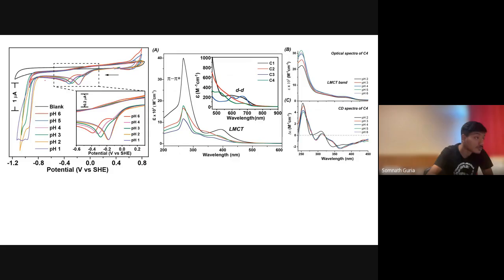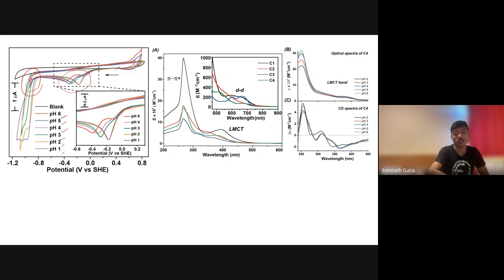More interestingly, whenever we change the pH, they get different electrochemical behavior. Starting from pH 6 to pH 5 and pH 4, they don't get any catalytic activity, but the rest remains similar. When it goes down from pH 4 to pH 3 to pH 1, they find some catalytic activity around here.